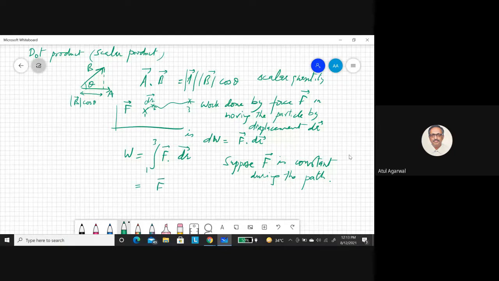F is a constant, so you can take it out of the integral sign. Now what is the integral of dr? Just r. So F dot vector r, with the limits 1 and 3.